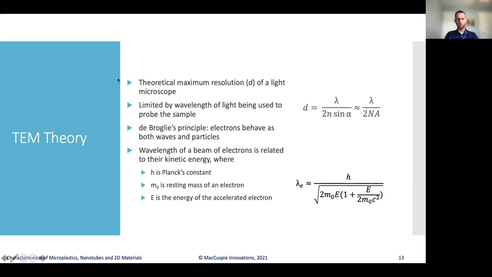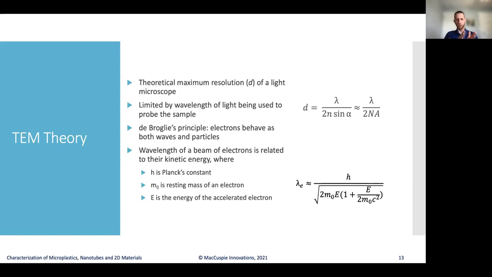And there's an important concept with the theoretical maximum resolution of a light microscope. If we think about the visible wavelengths of light for optical microscopes, it's limited by the wavelength. And so with the de Broglie principle, and electrons behaving both as waves and as particles, the wavelength of a beam of electrons is related to their kinetic energy.